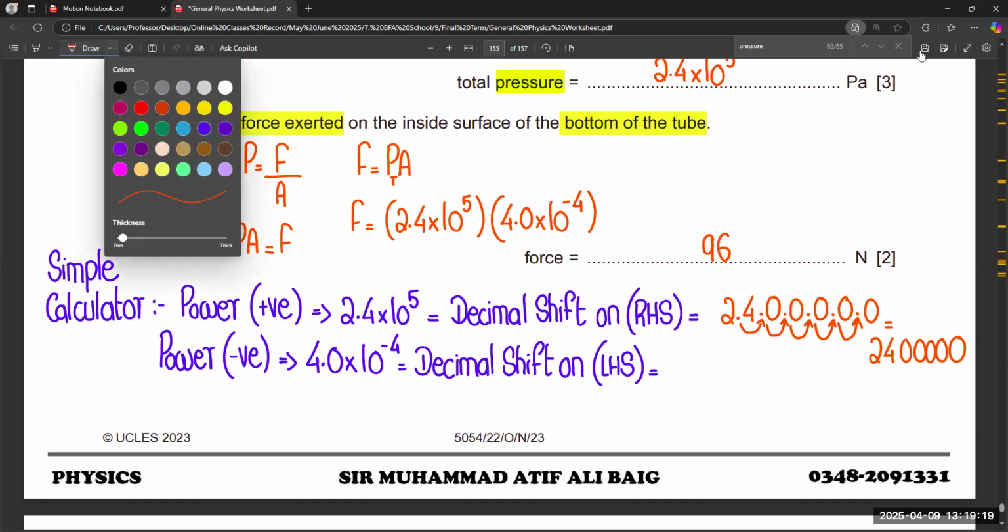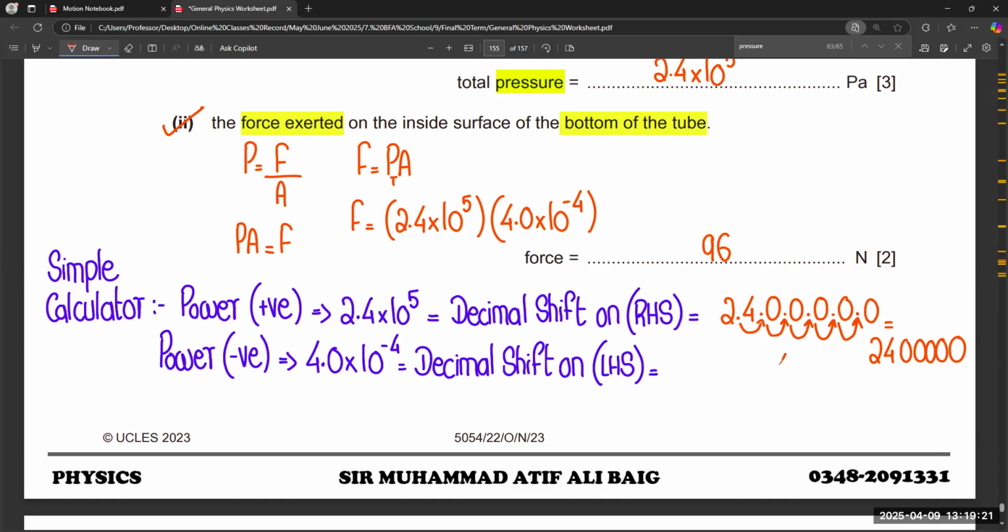We have the value 4.0, so we have to shift to the left-hand side and the power is 4. So 4 times shift: 1, 2, 3, 4. When we shift 4 times, it becomes 0.0004.